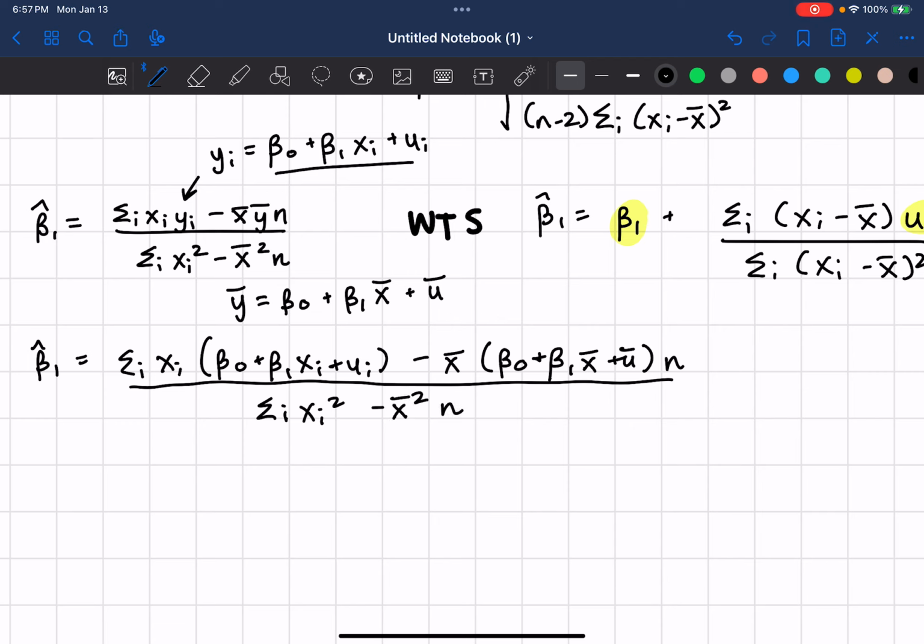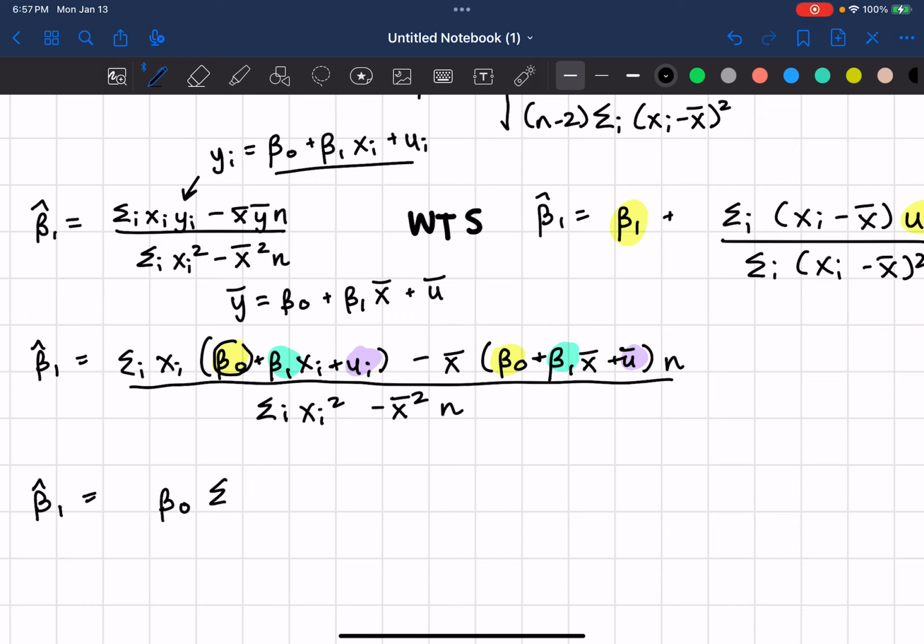Next, I want to separate this out. I want to separate the numerator into 3 parts: a part with beta naught, a part with beta 1, and a part with u. So here's my next step. Beta hat 1 is, so my first part will have the beta naught in it.